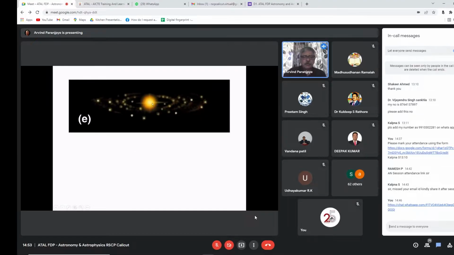So here, then what happened? Eventually, what is called hydrogen fusion, that is two hydrogen atoms getting together and making helium. And in this process, it leaves out a certain amount of energy, and that is the fusion process, in which the star is ignited and the star is formed.